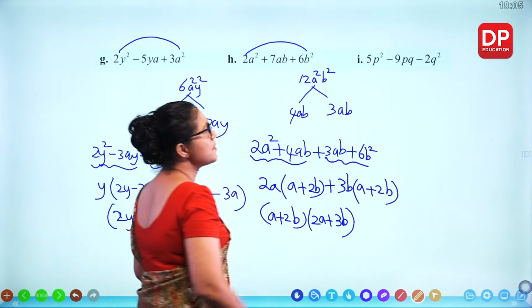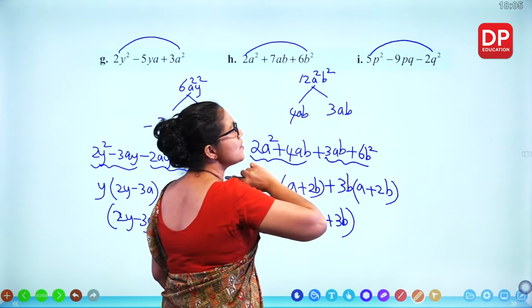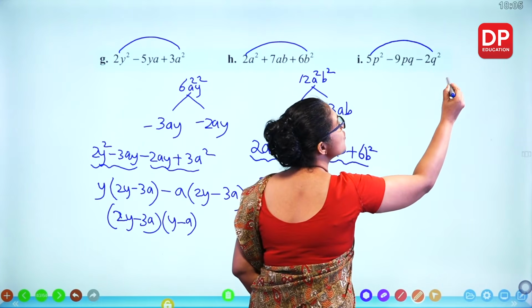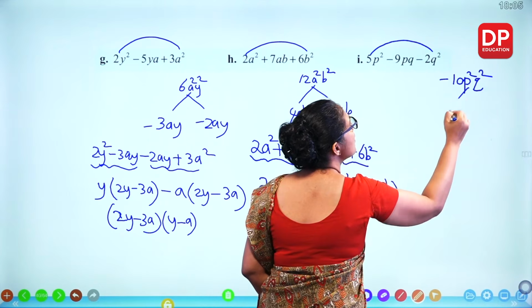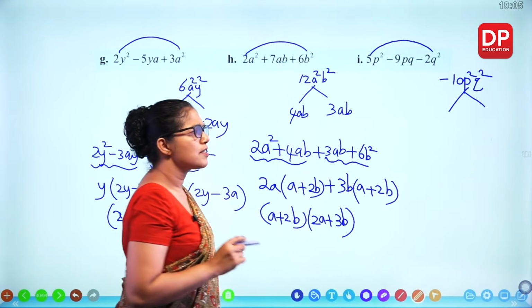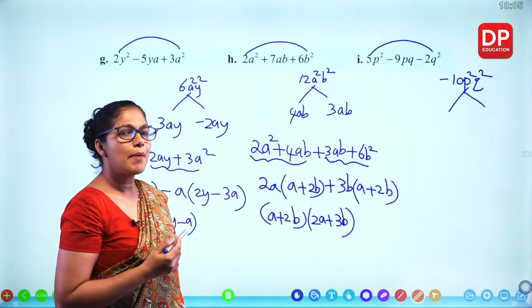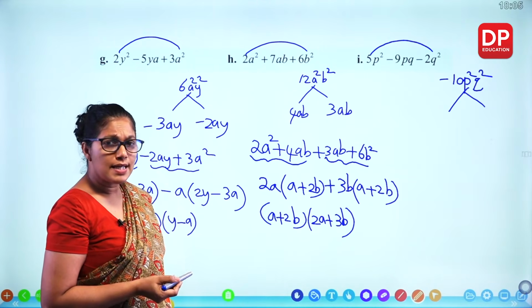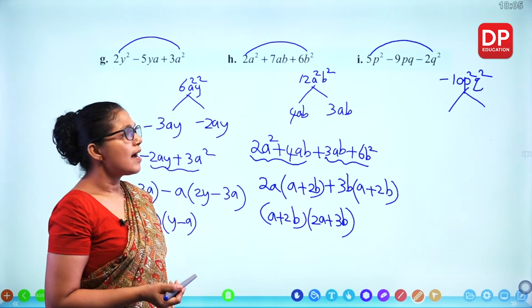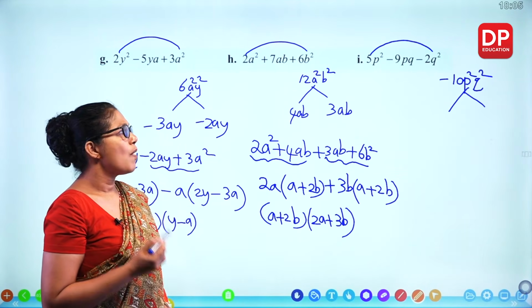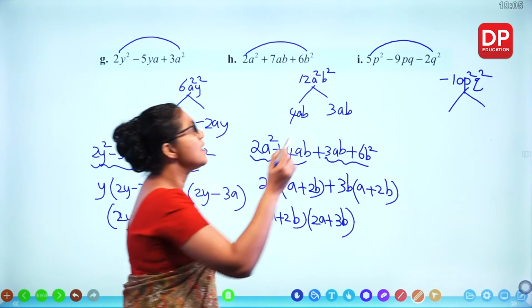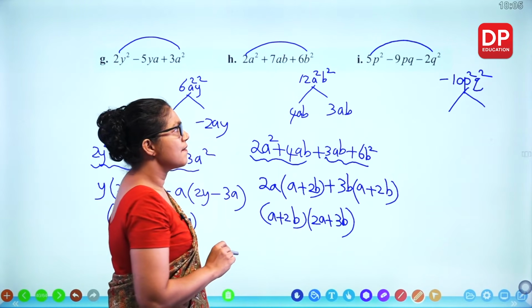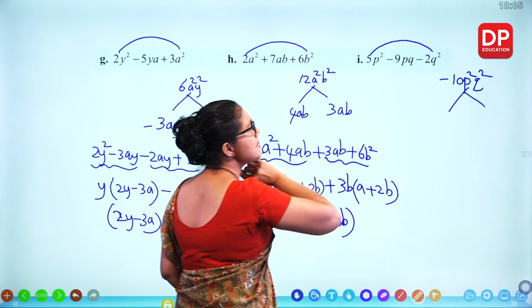Now look at the next one. No common terms. We multiply these two. So 5 and minus 2, you get minus 10p squared q squared. Find the factors of minus 10 to get minus 9. The middle term is minus and the last term is minus, which means one is minus and the other one is positive. The bigger number is negative because the middle term is negative.